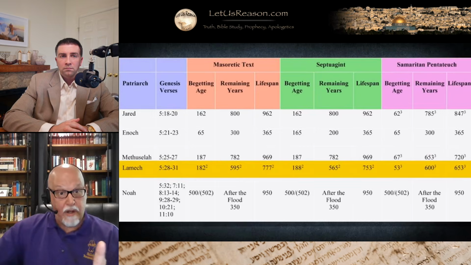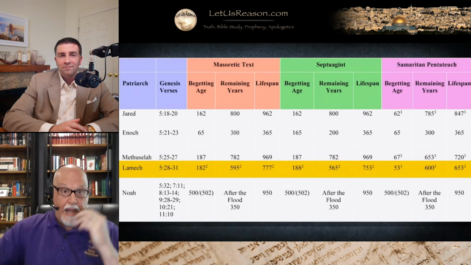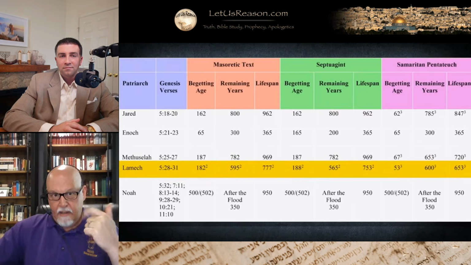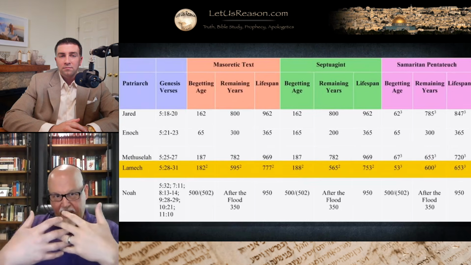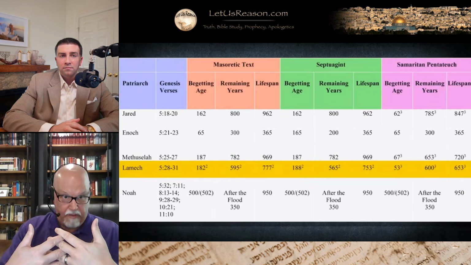You will notice, by the way, Noah, all his numbers are exactly the same in all three. And my theory is that Noah, Abraham, Shem, those numbers were left unchanged because for Noah, his numbers are integrated with the flood chronology.